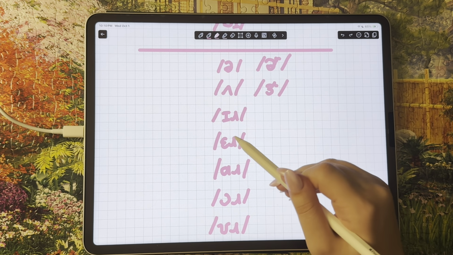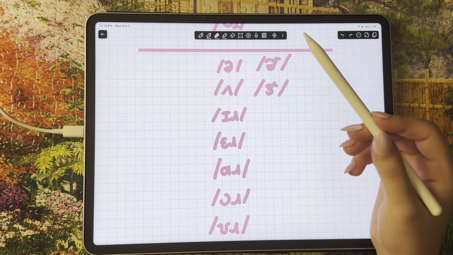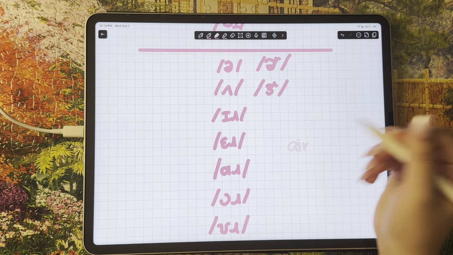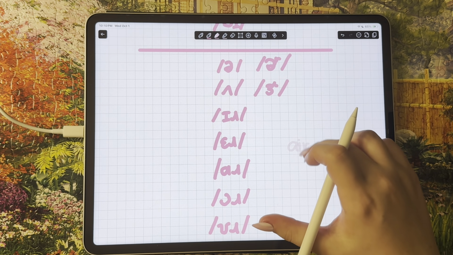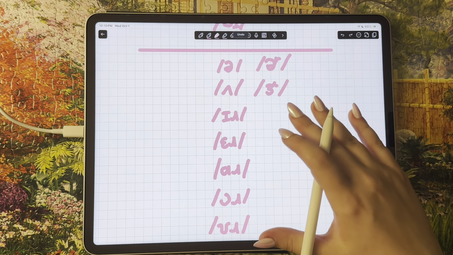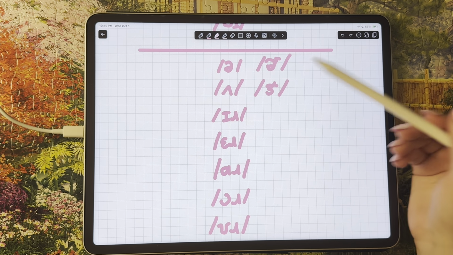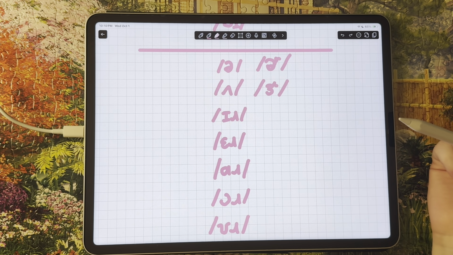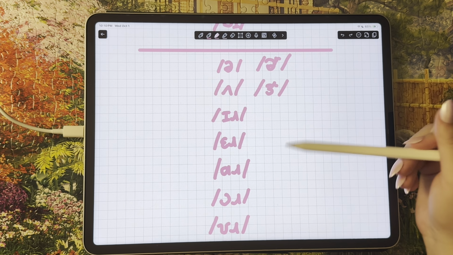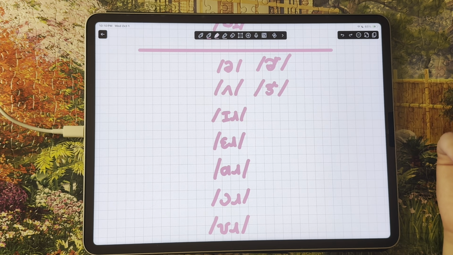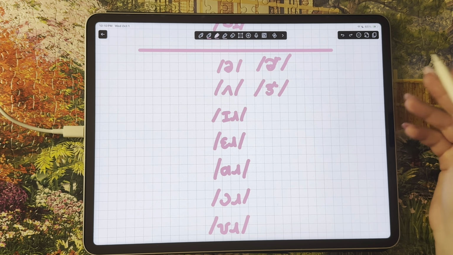And then we have air, like the word air, like as in are, like we are doing this, or scar, or anything that has an A and an R, basically.